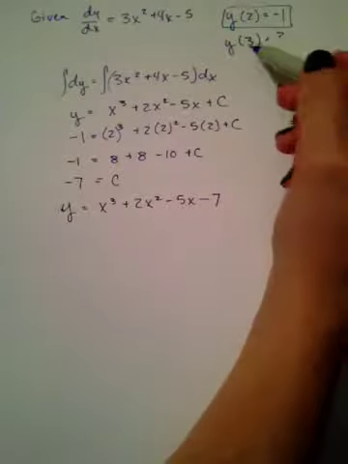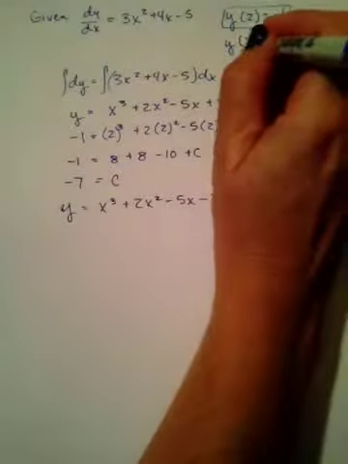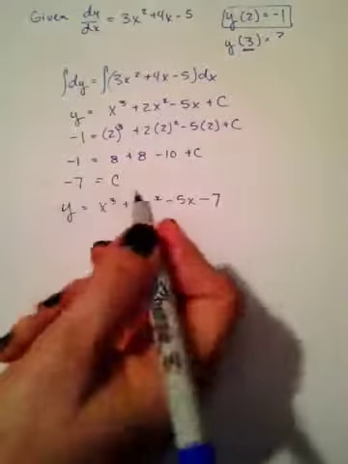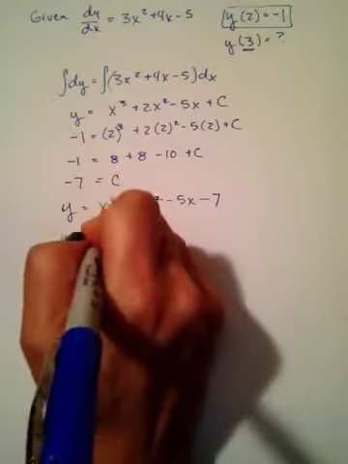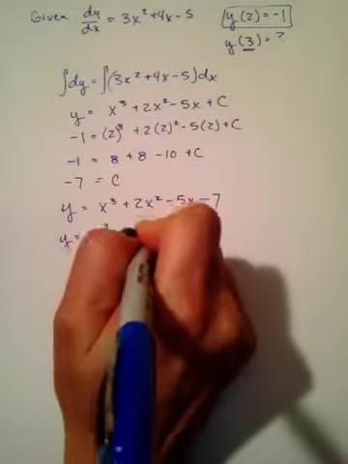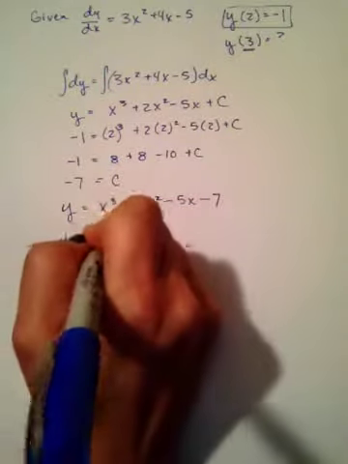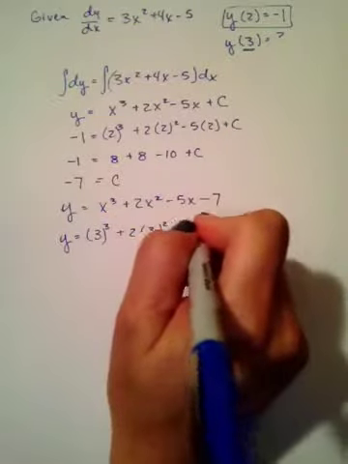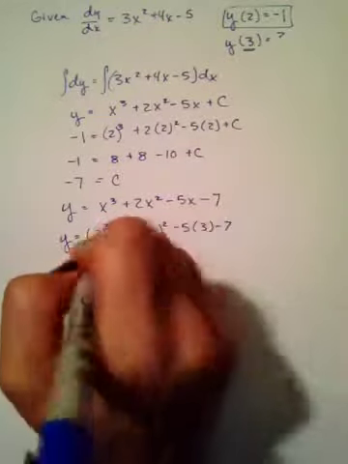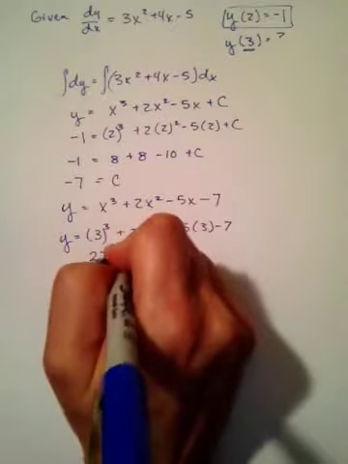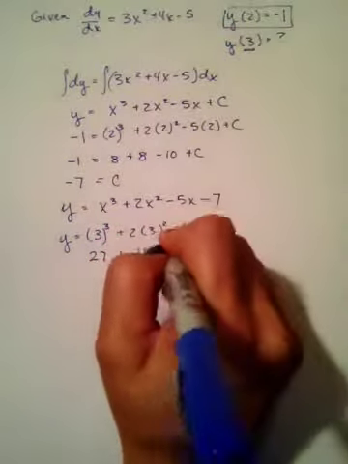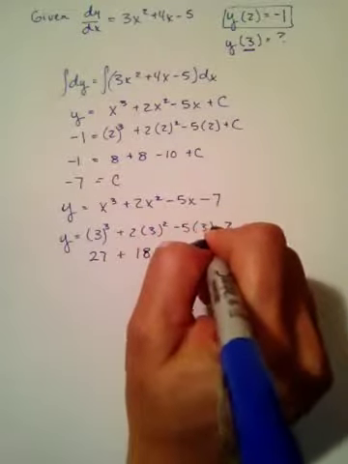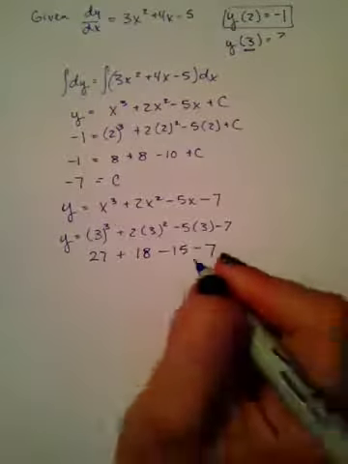And then to determine y of 3, I'm going to evaluate this when x equals 3. So y will equal 3 cubed plus 2 times 3 squared minus 5 times 3 minus 7. So 27 plus 18 minus 15 minus 7.